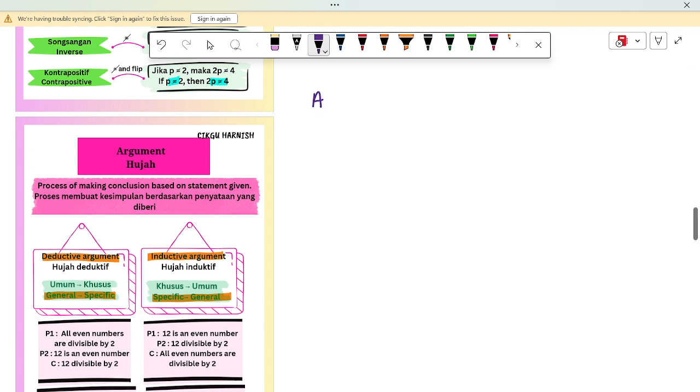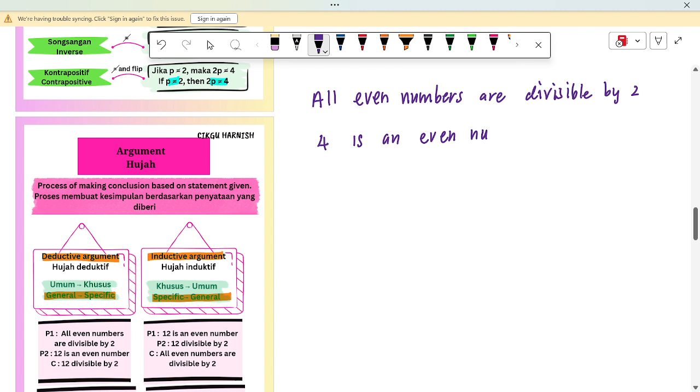So for example, I start with: all even numbers are divisible by 2. And I'm going to say 4 is an even number, and 4 is divisible by 2.